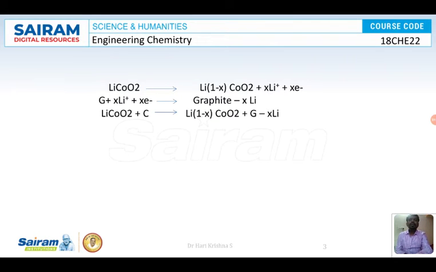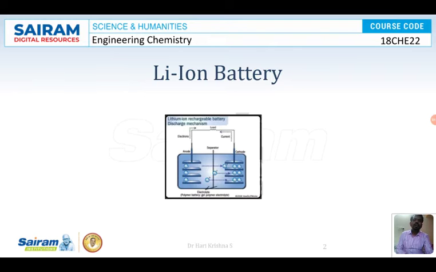The lithium cobalt oxide will undergo oxidation to give lithium ions and electrons at the anode. At the cathode, the graphite will accommodate lithium ions to form lithium graphite. The lithium ions will be accommodated in the layered solid of the graphite. The process of metals and their ions entering into layered solids is called the intercalation process.